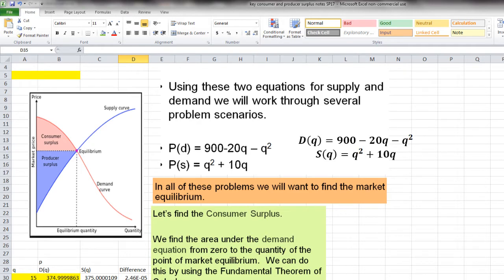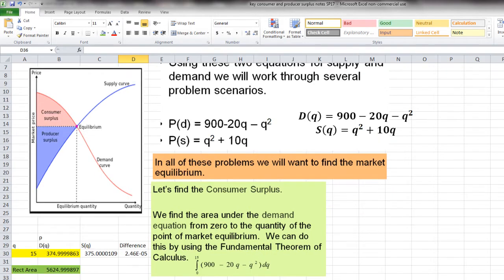And so the FTC would be upper limit minus the lower limit. Alright, so this is our area under the demand curve.